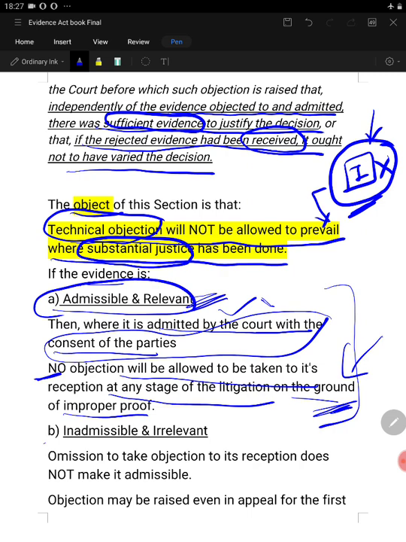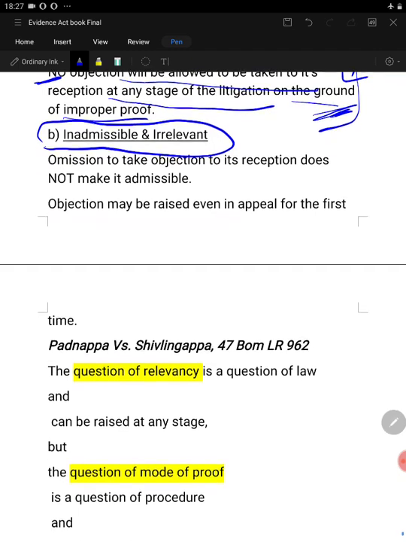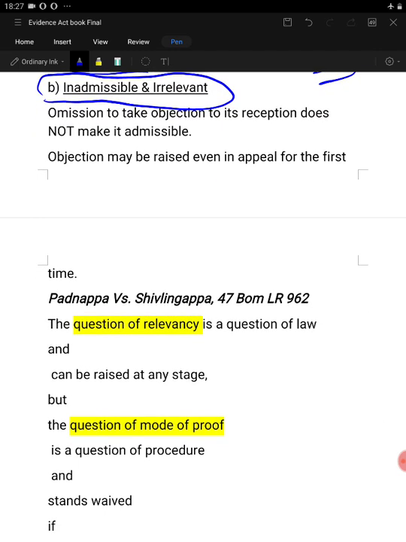But if the evidence is inadmissible and irrelevant, then in that case, objection may be raised even in appeal for the first time. So, suppose evidence is inadmissible and irrelevant, then objection to it may be raised at any stage.